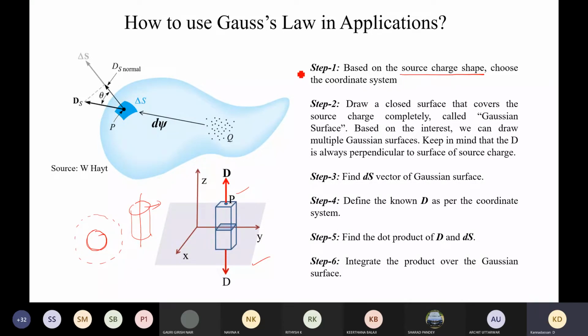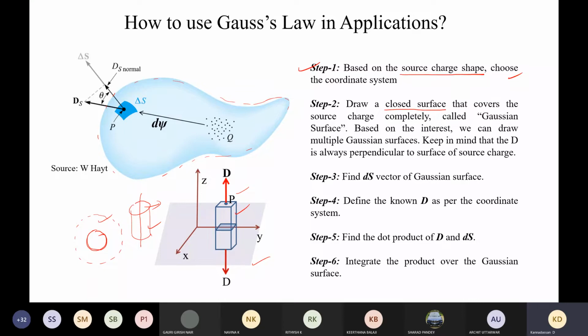So the very first step is to define the shape as much as possible in mathematical form, and therefore we're supposed to choose the coordinate system. Then we have to draw a closed surface. The closed surface shown here is very difficult to represent in mathematical form, so we're supposed to make a closed surface which is easy to represent mathematically as well as easy to integrate.